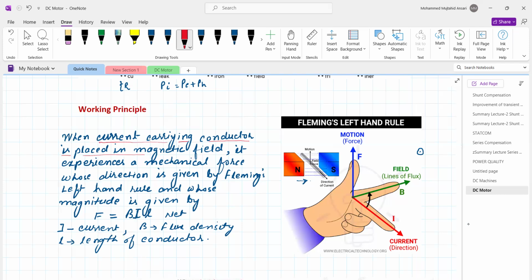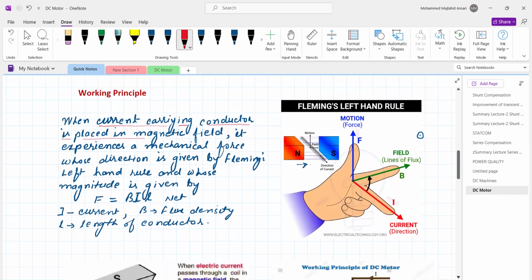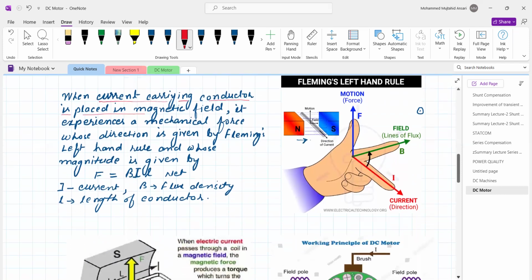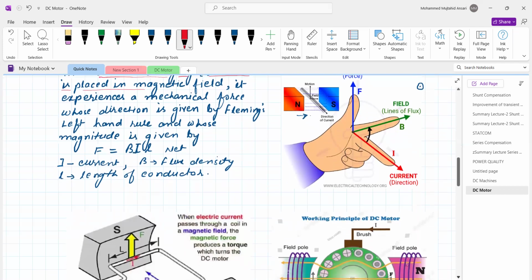So this is the basic operation by which the conductor exerts force, and if a large number of conductors are placed over the periphery of some cylindrical shape and it is free to rotate, the rotor starts rotating, because each conductor experiences force in the same direction.